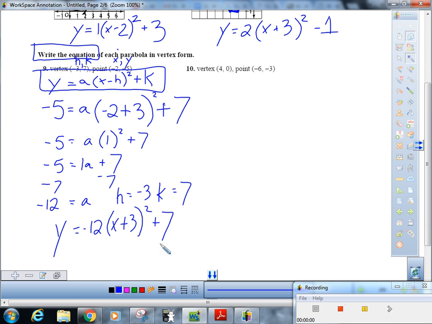Okay? Let's do number 10 together too. Here we have h, k, x, and y. I'm going to switch over to red. We're going to work from this equation. So you will say negative 3 equals, x is negative 6, x minus h, minus 4, negative 6 minus 4.